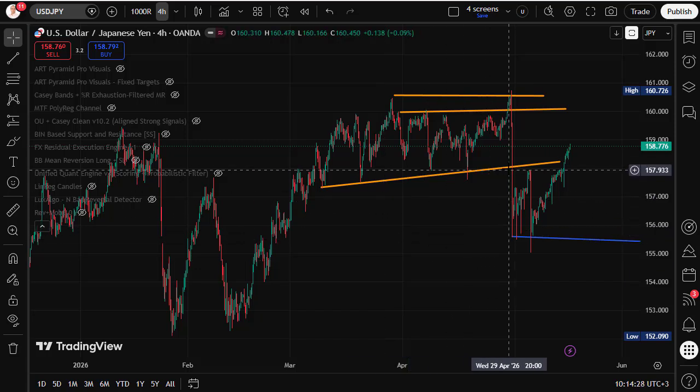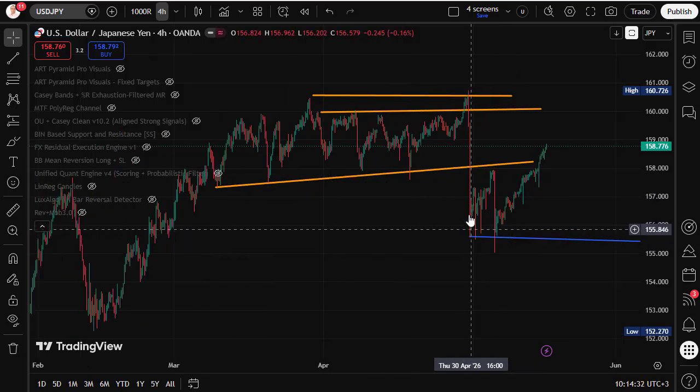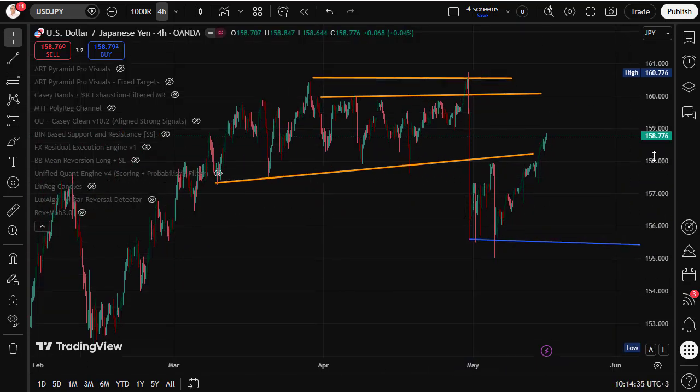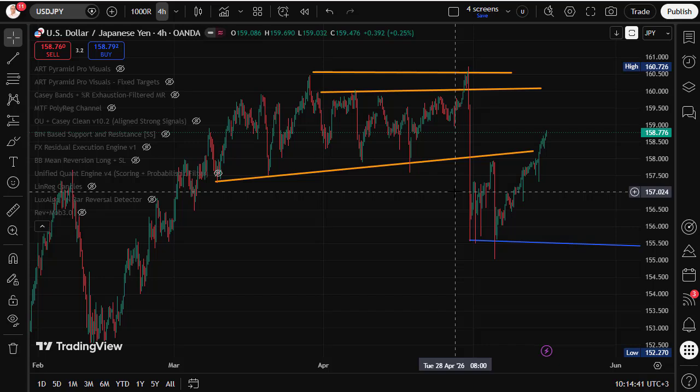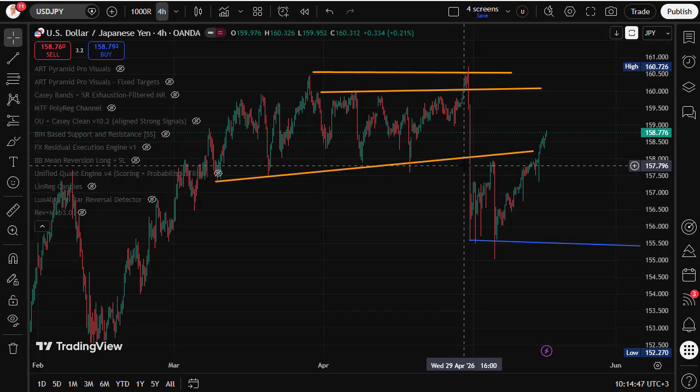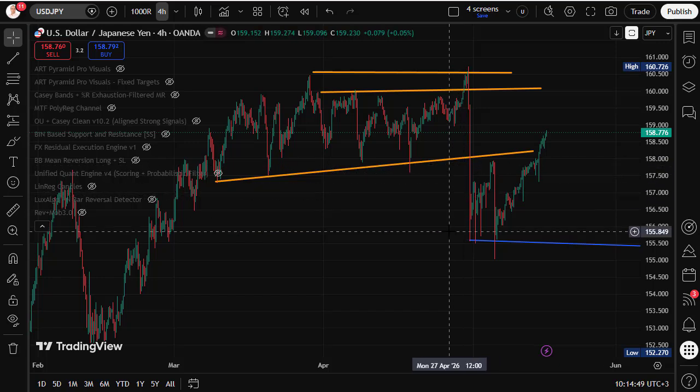So once we are breaking this level down here, yes, there are news, but this move accelerates because once this is broken, then the whole move is becoming more enhanced. The momentum accelerates. Why? Because there are new orders hitting the market.